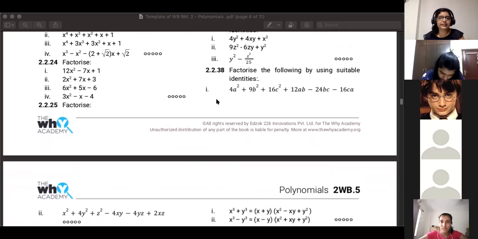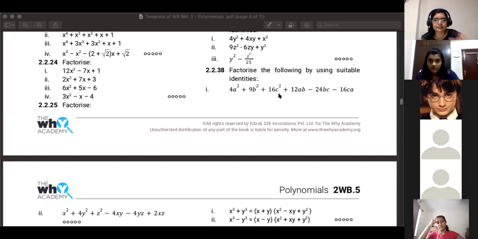Question 38, just identify the identity and give me the answer. Factorize it by using the identity. Figure out which identity, then put the correct values for A, B, and C, and then send the answer.